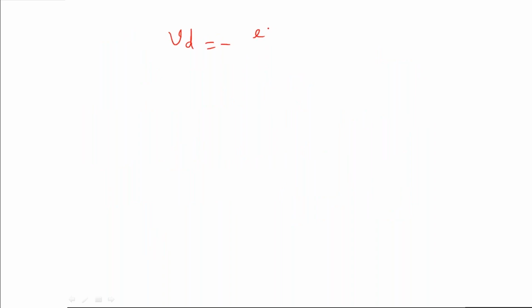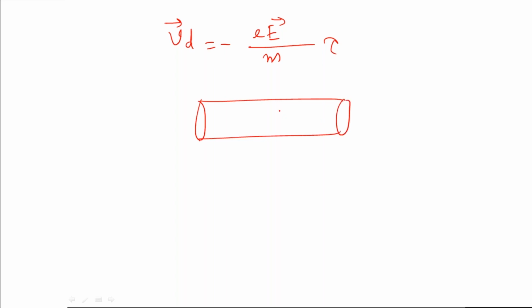Okay, drift velocity is proportional to e into capital E. This is the electric field, and this is a vector. If I write in terms of vector, look, the velocity. See, if I draw the cylinder again like this, my electric field is in this direction.